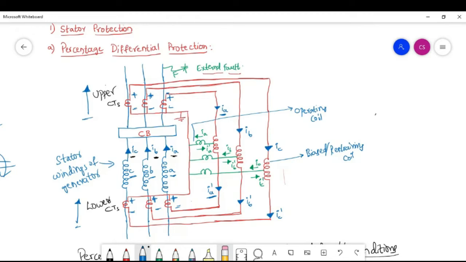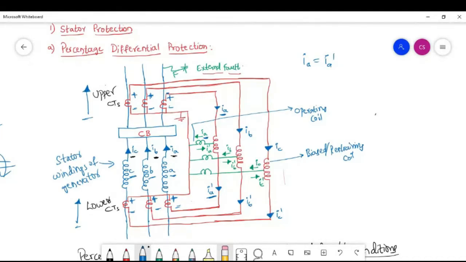The amount of current, that is IA, will be equal to IA dash in case of external fault conditions. That means no current is going to flow through this operating coil. If you see, the current direction is opposite. The IA is in this direction, the IA dash is in this direction. Because the magnitudes are the same, if you add both, it will be in reverse.